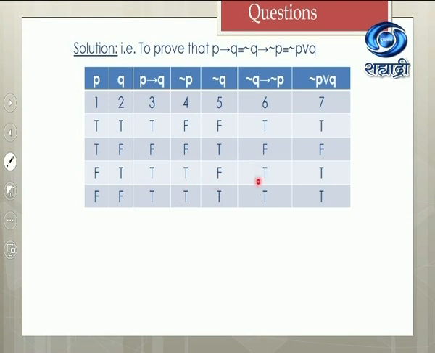Lastly, what we want, negation of P or Q. So negation of P is the fourth column, or Q. So false or true is true. False or false is false. True or true is true. And true or false is true. Observe the columns. P implies Q, that is the third column. Negation of Q implies negation P, sixth column. And lastly, negation of P or Q, that is the seventh column.